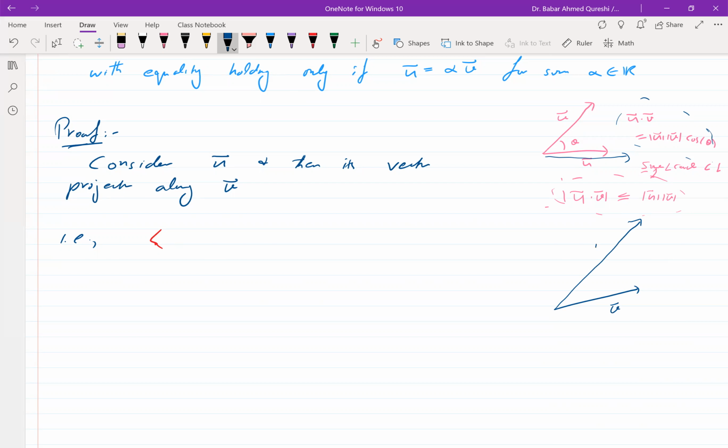If you have this v and u, the component of u along v is just the dot product of u with v, divided by v dot v, the square of the length of v, because it's just the length of v times cosine theta. So that's what you usually do.